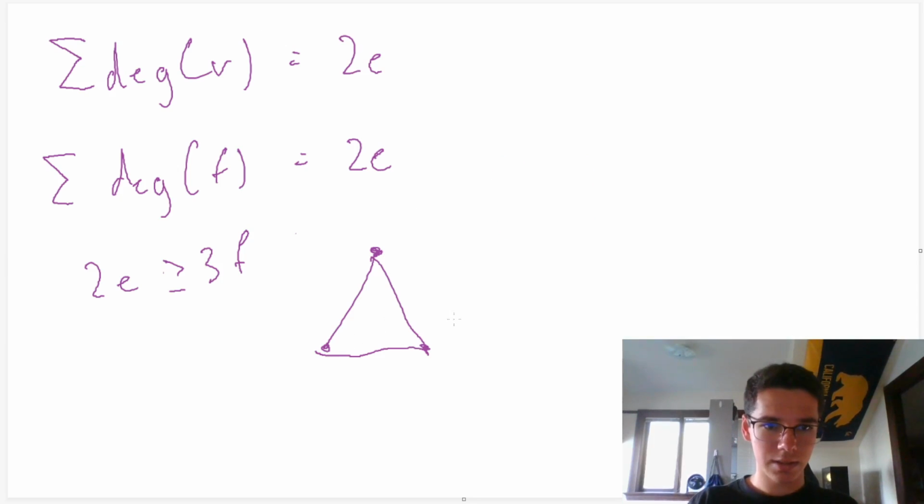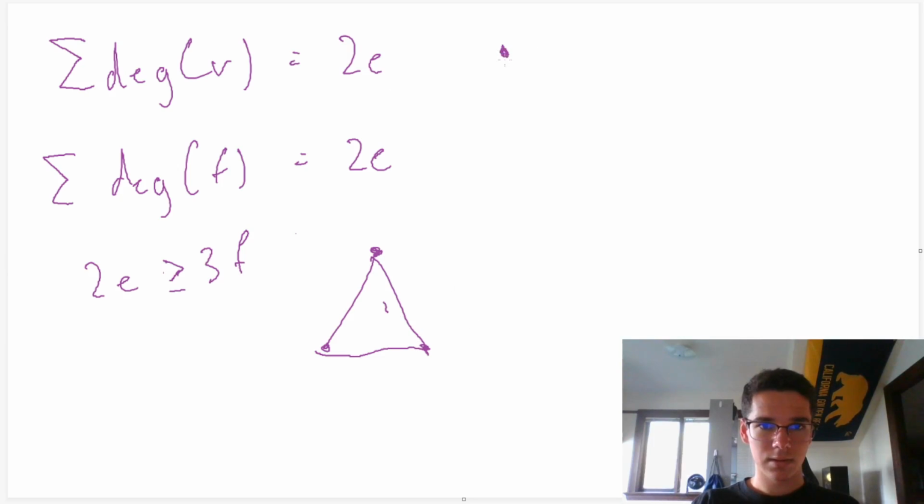What we're going to notice here is that you can have greater than 3, but basically because we have these 2 faces here and the degree of each face is 3, that's going to in fact be equal to 2 times the number of edges in this case.